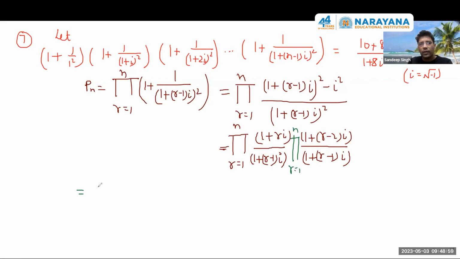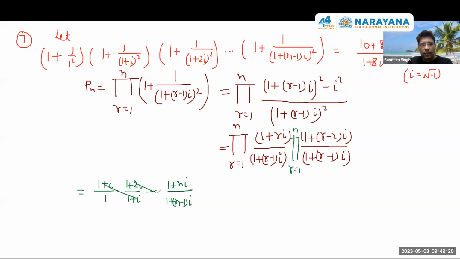If I keep on multiplying this, what will remain in the first product? If I put r = 1, so (1 plus 2 iota) upon (1 plus iota), then (1 plus 2 iota) upon (1 plus iota), finally (1 plus n iota) upon. This is the first product.